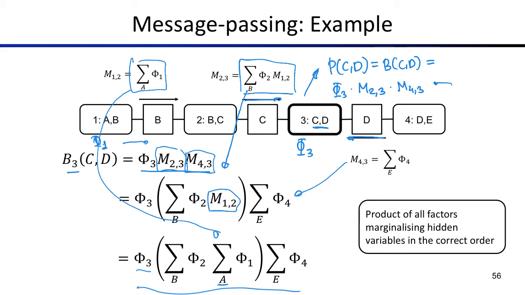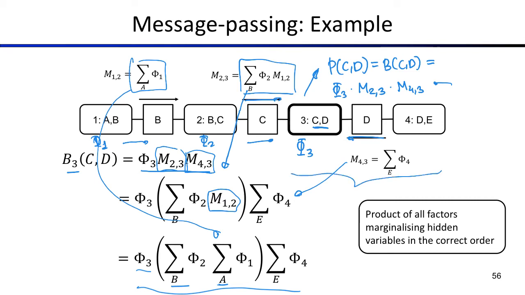So when we look at this part here, we're saying that we take this result and multiply by the factor that we have here, this big phi 2, but I will eliminate the variable B in this process. Again, I'm fine with that because we don't have a variable B on this side of the graph.